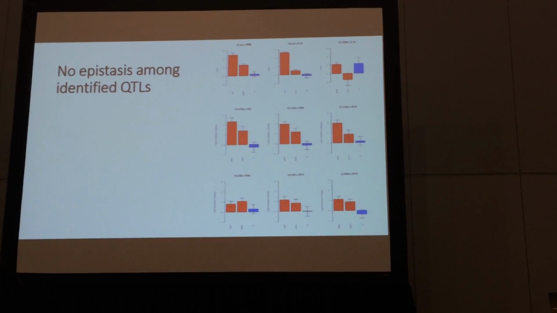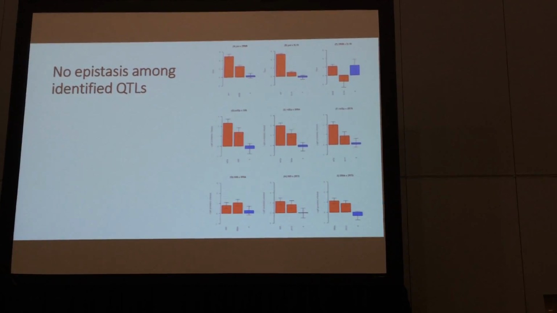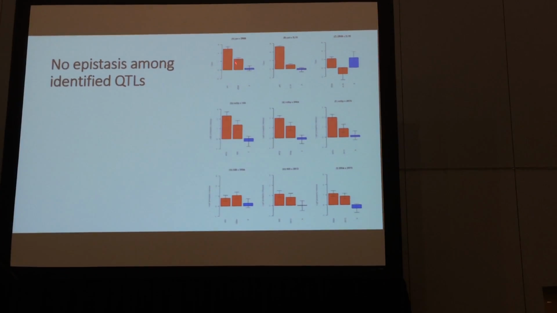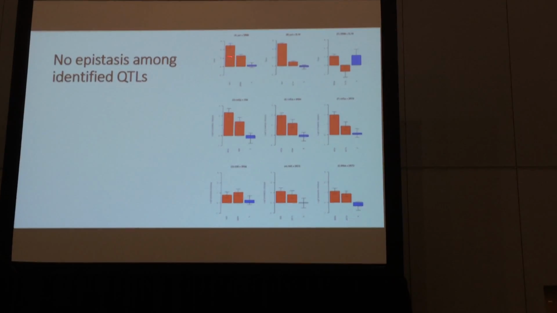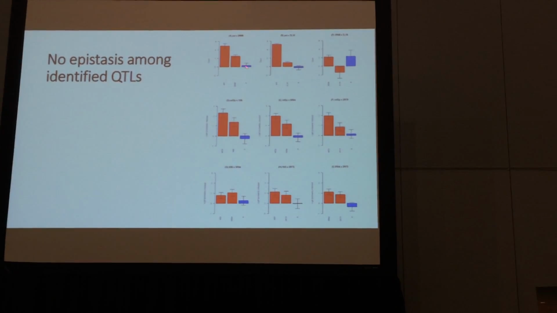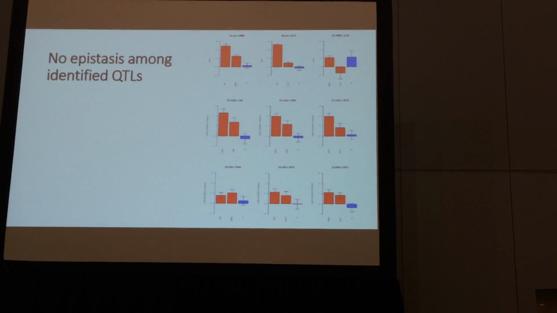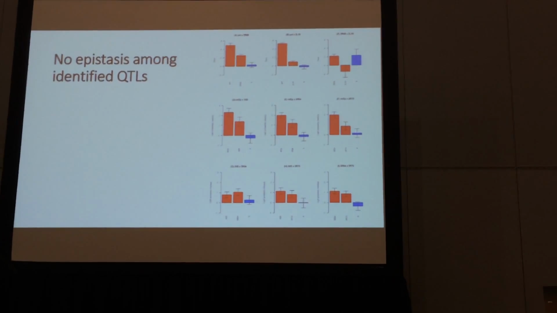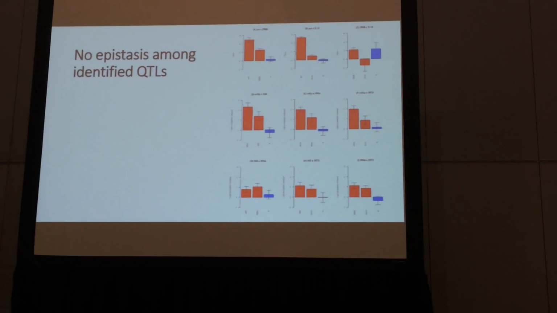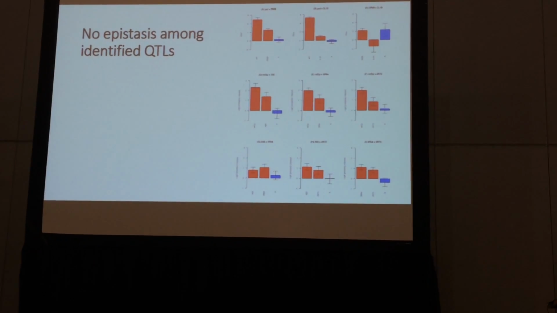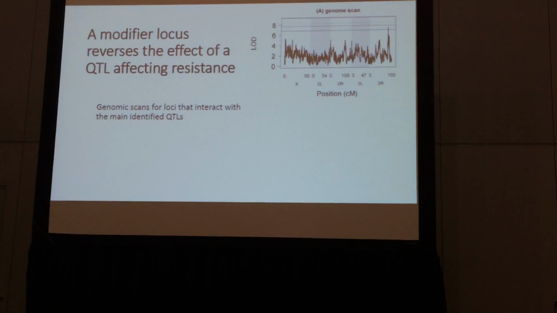What I'm showing here is, for each pair of these QTLs, the main effect size of the first QTL, the second QTL, and the interaction between the 2. And what you can see here is that the interaction term is not significant for any of the pairwise comparisons. So we can conclude that there is no major epistasis between these identified loci.